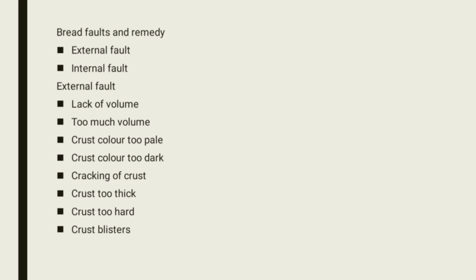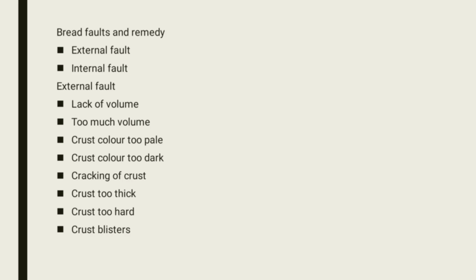When breads are baked, there are various reasons and possibilities for a fault to happen. There are two kinds of faults. One is external fault and the other is internal fault. External fault means the fault which can be seen through the naked eyes.